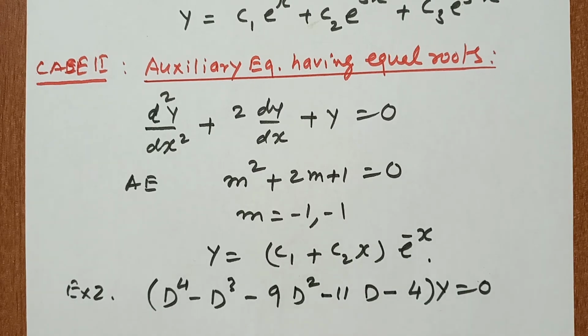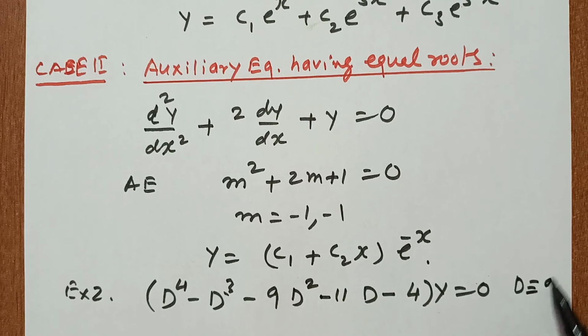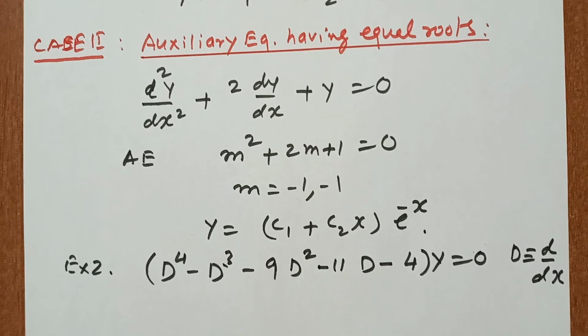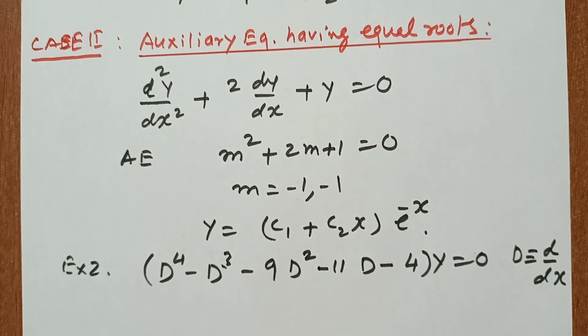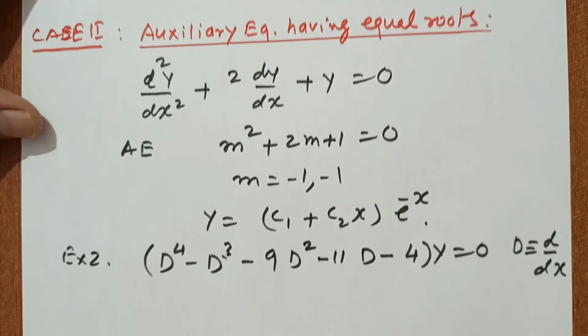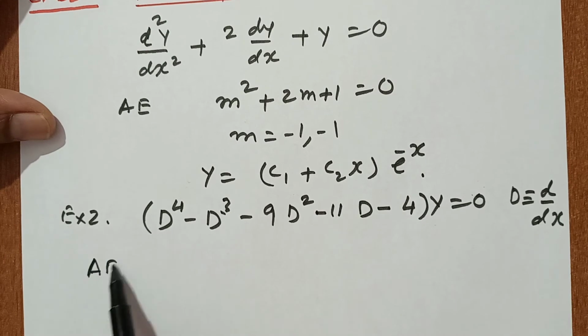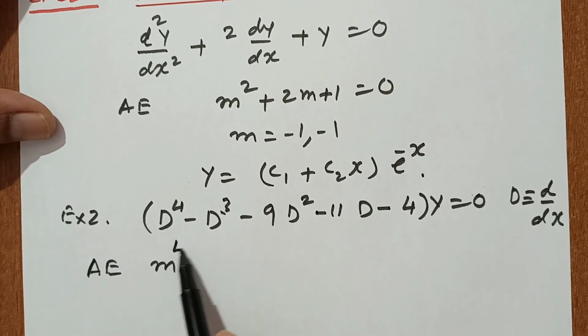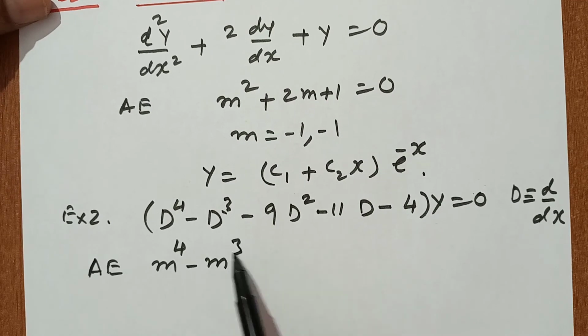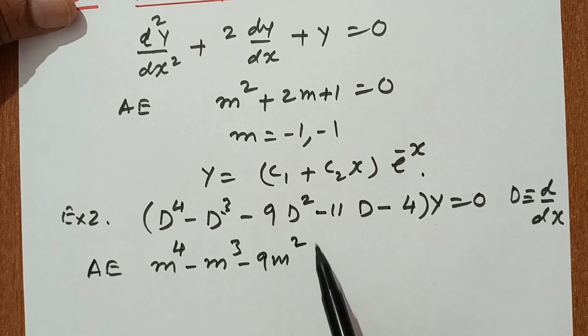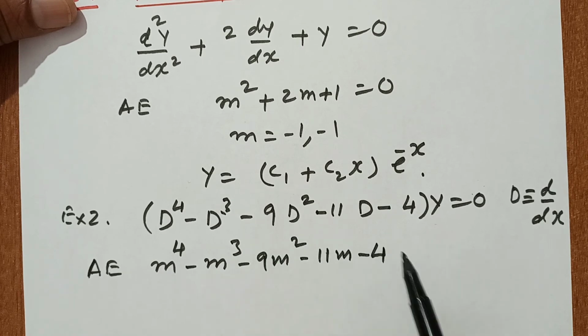Suppose this is a differential equation of order 4, where capital D is nothing but d over dx, with constant coefficients. First you calculate the auxiliary equation. The auxiliary equation is m4 minus m cube minus 9m square minus 11m minus 4 equal to 0.